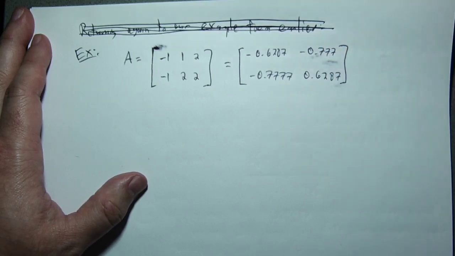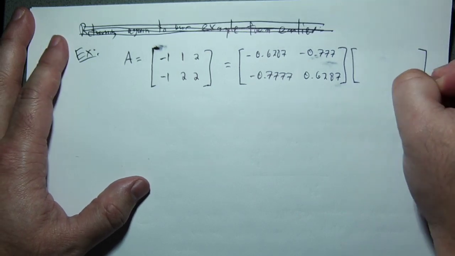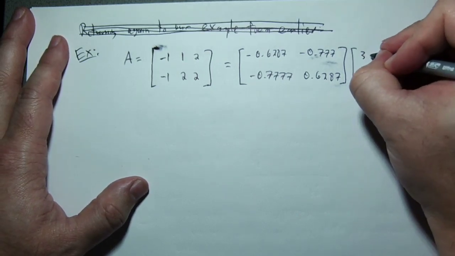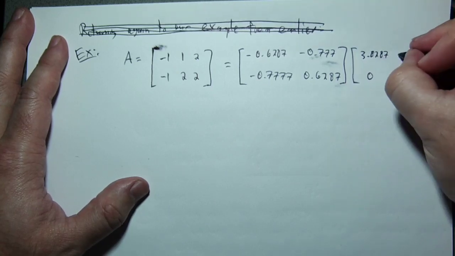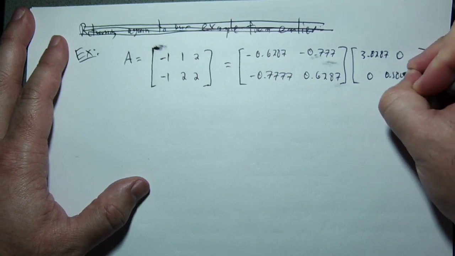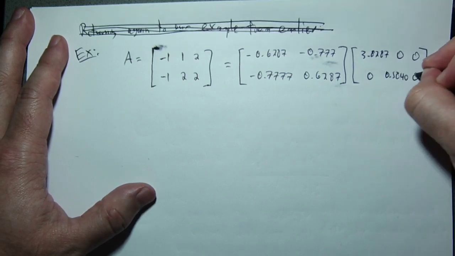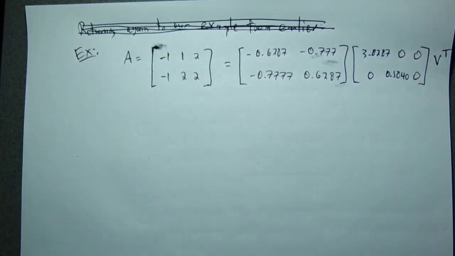Okay, so that's my U. My sigma is 3.8287, 0, 0, 0.5840. The last column is 0, and this is V transpose, which I'm not using.